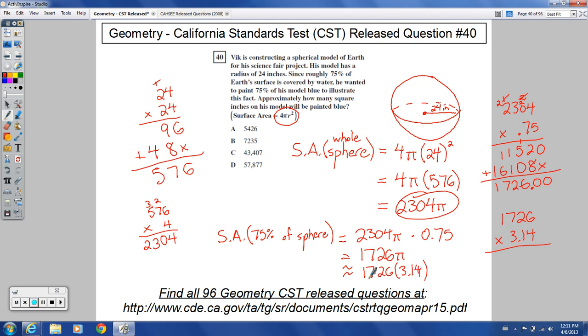Just a quick estimate, multiplying 1700 times 3 would be 5100, so it's looking like A is going to be the correct answer choice, but let's work the numbers out. We'll just make sure here. So this is 10, and this is 29, and we've got 4, and that's a 6.